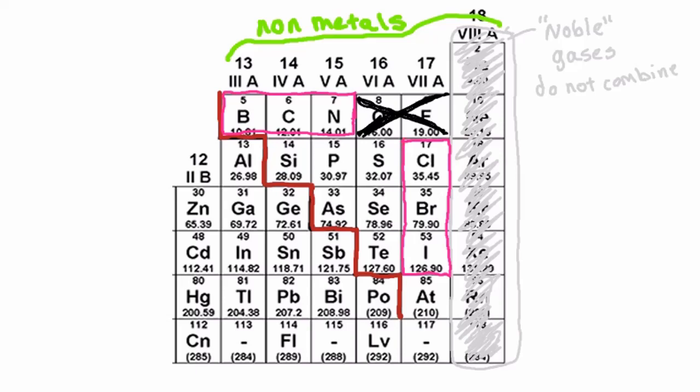And then in between these two boxes that I just made, there is the P and the S, the phosphorus and the sulfur. So these are the elements that we're really going to be working with when we're dealing with polyatomic ions, at least in the beginning for your chemistry fundamentals.